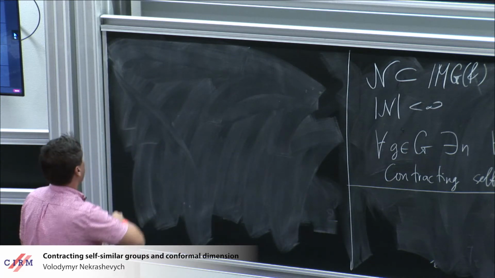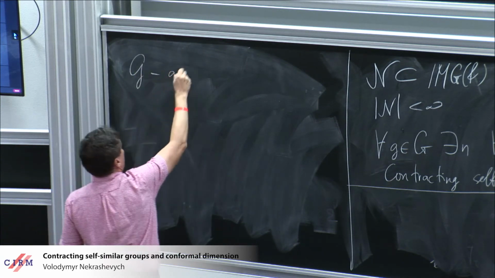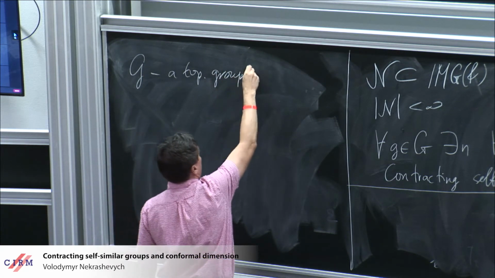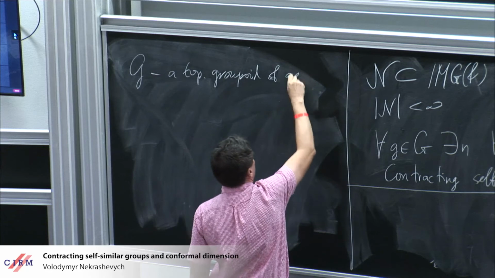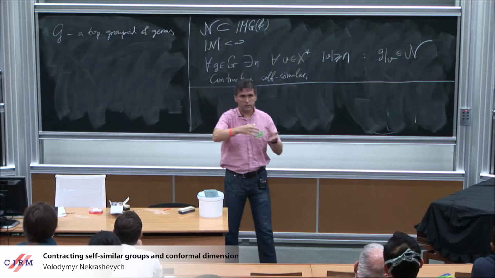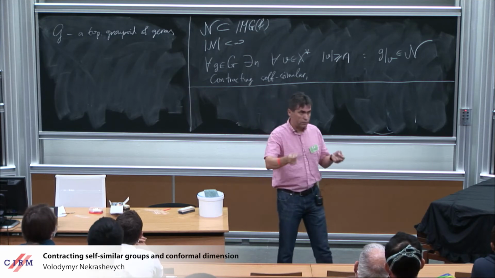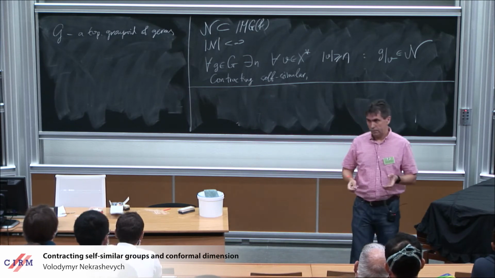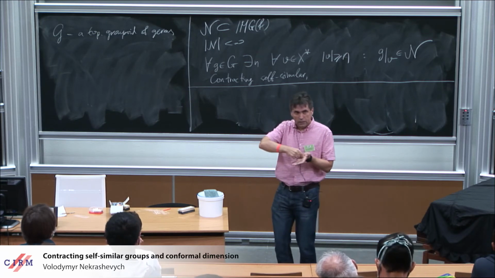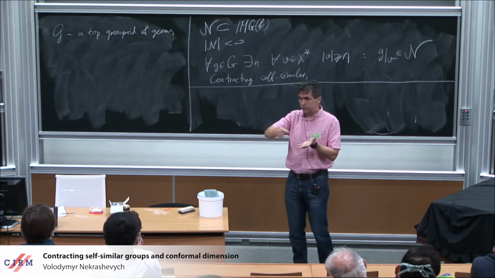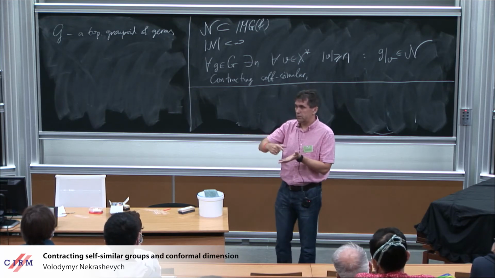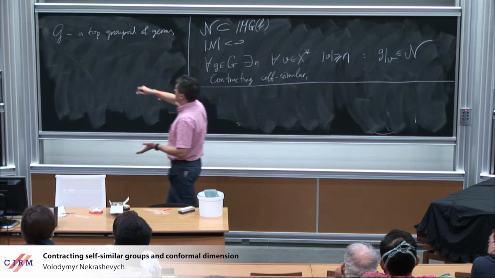Let G be a topological groupoid of germs of some semigroup. So in our case, we have a semigroup. It consists of homeomorphisms. You take germs of these homeomorphisms, and the topology is natural. If you have some partial homeomorphism, then the set of germs of this partial homeomorphism is homeomorphic to the domain.